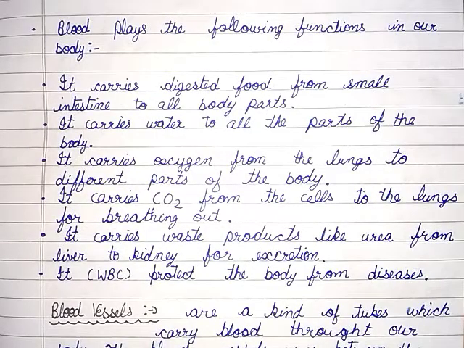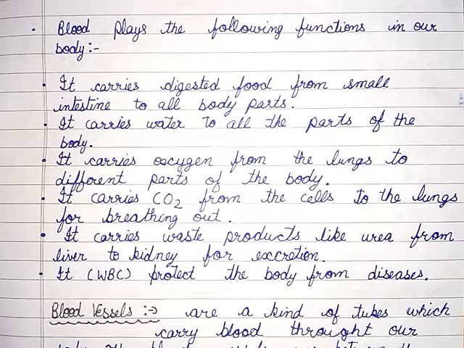Blood plays the following functions in our body. First, it carries digested food from the small intestine to all the body parts. It carries water to all the parts of the body. It carries oxygen from the lungs to different parts of the body.